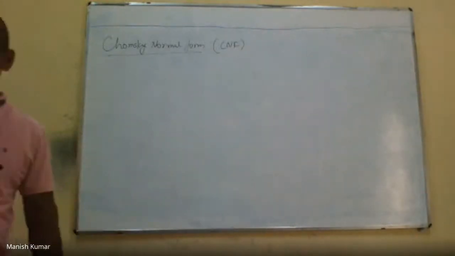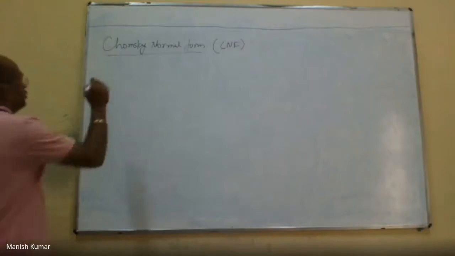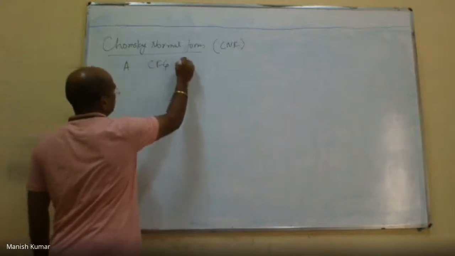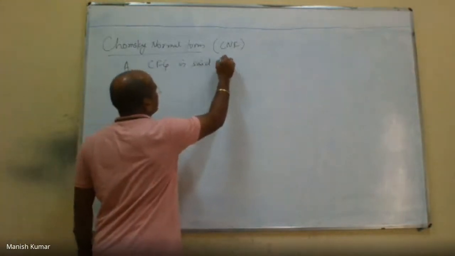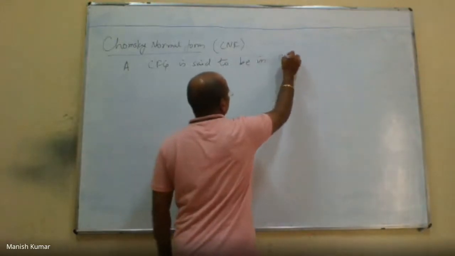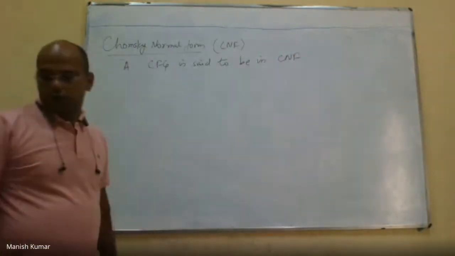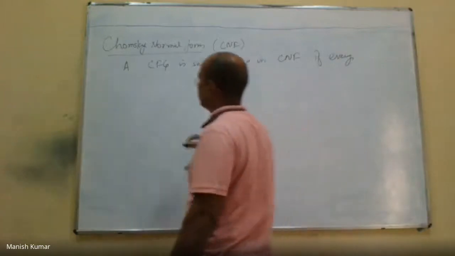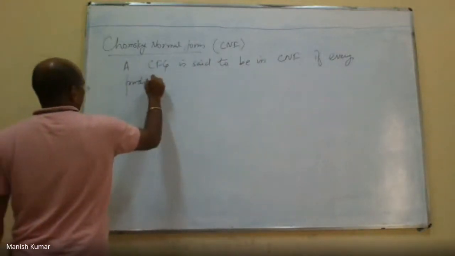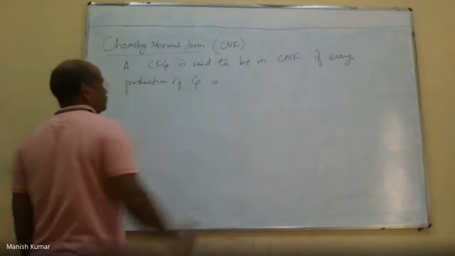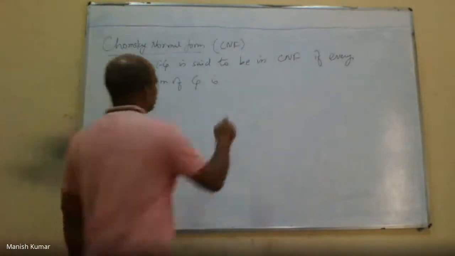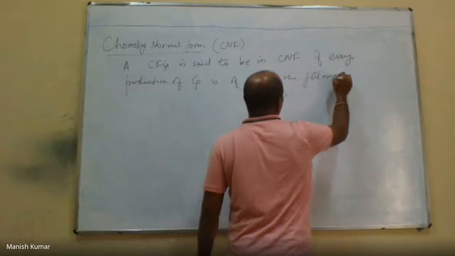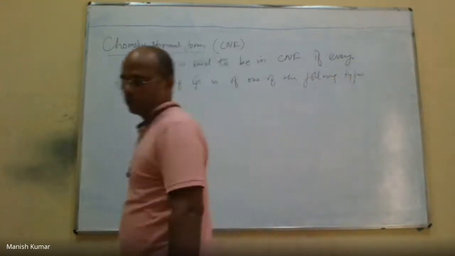A CFG is said to be in CNF if every production of G is of one of the following types.